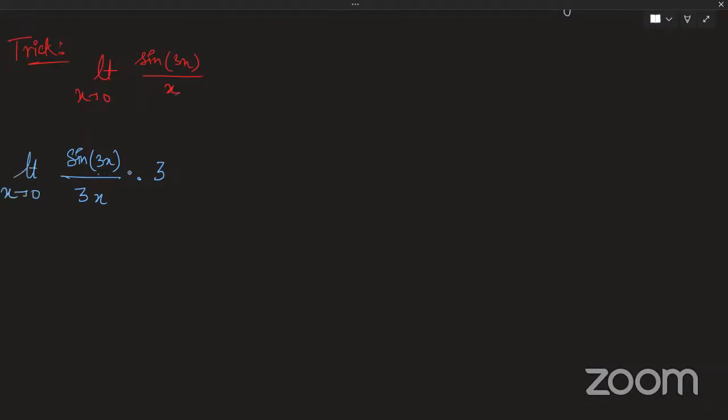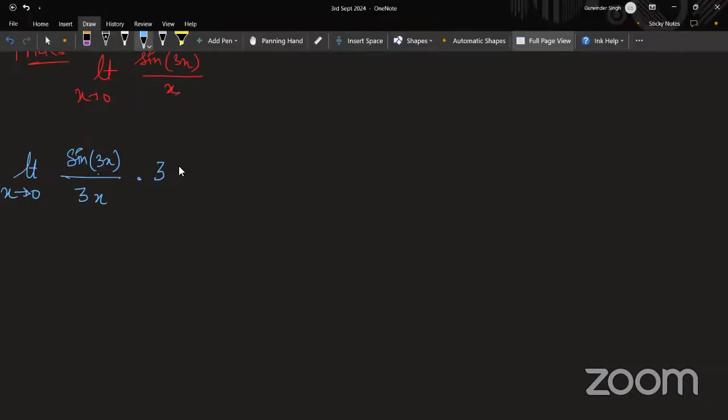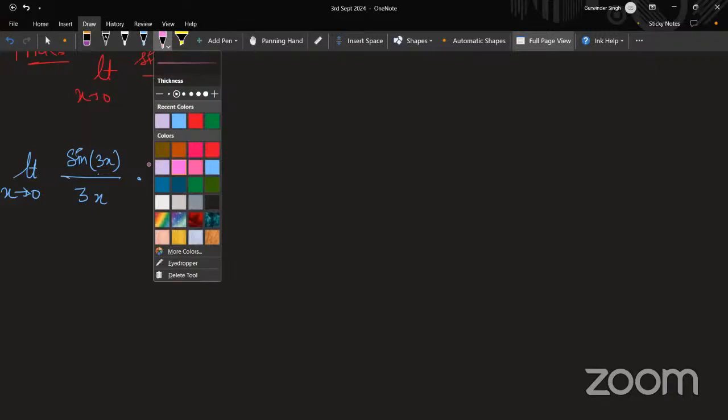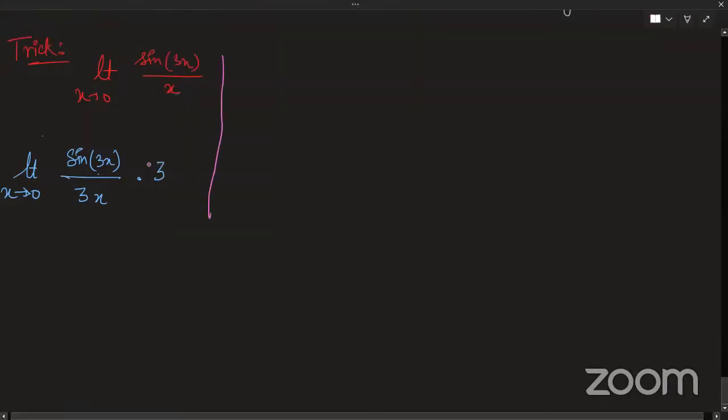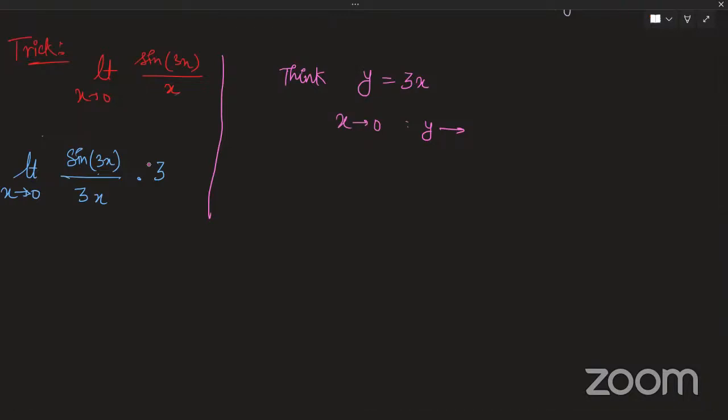In order to apply this trick, just think that I have a variable y whose value is equal to 3x. So if my x is tending to 0, where is my y tending to? If x is really close to 0, then 3x will also be close to 0.